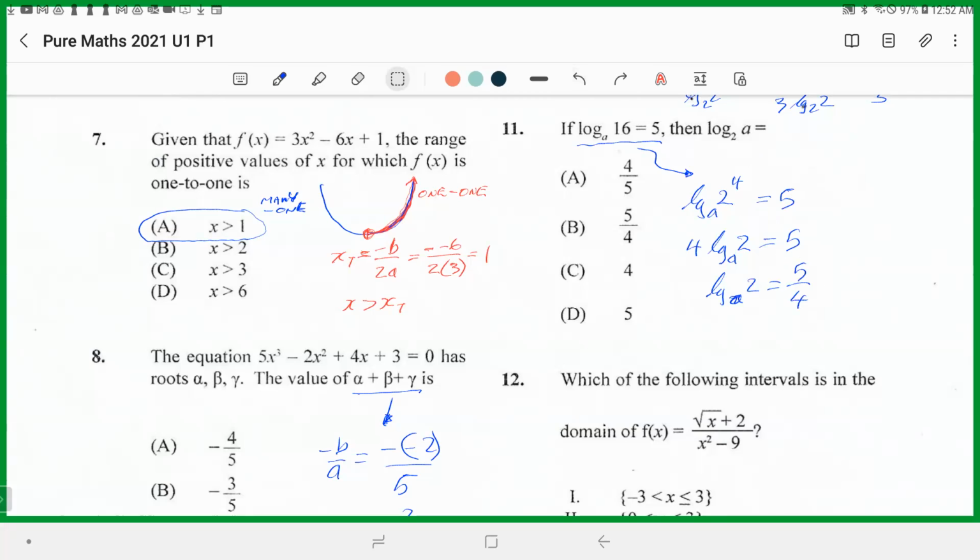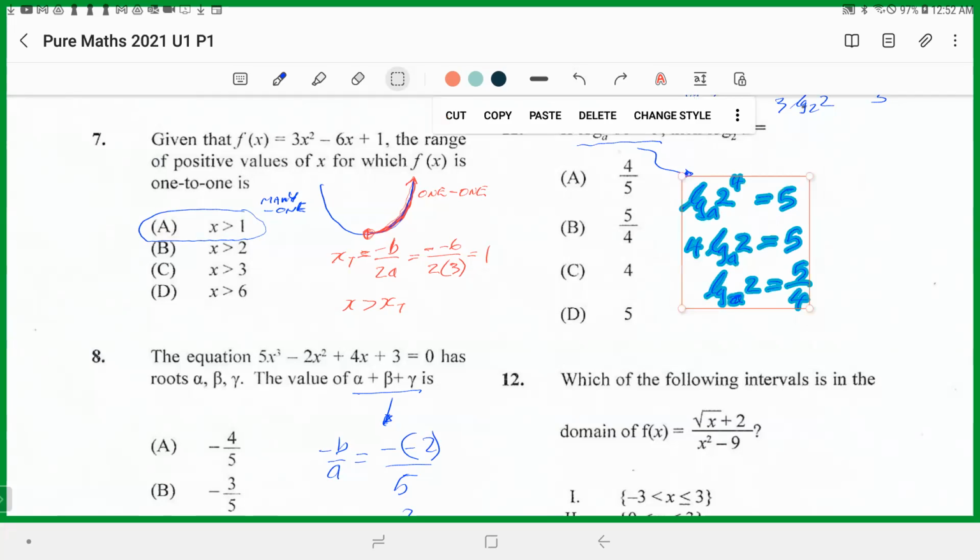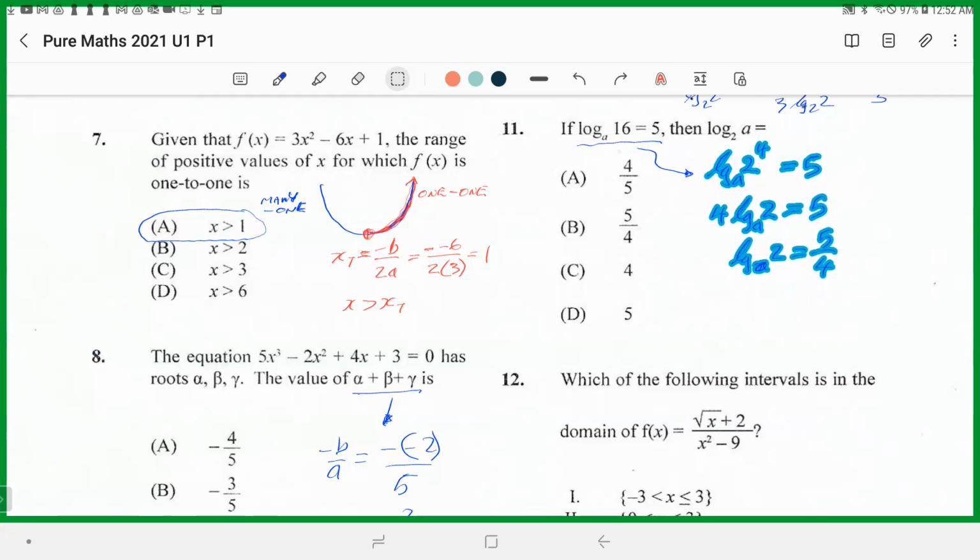No. You have to know the laws of logs at the back of your hand. I'm going to show you. So this thing is the same as 1 over log of A to base 2.